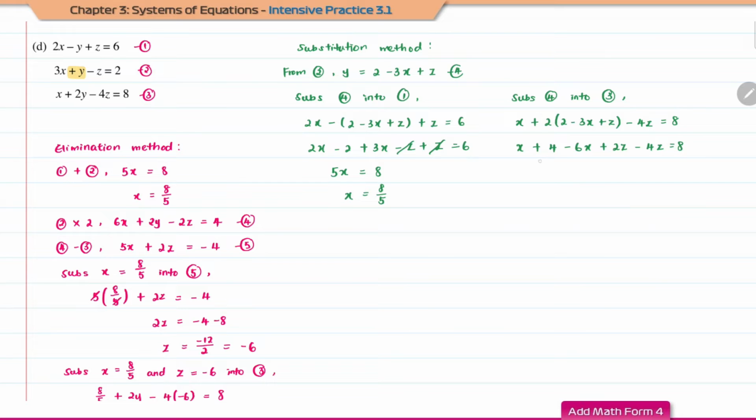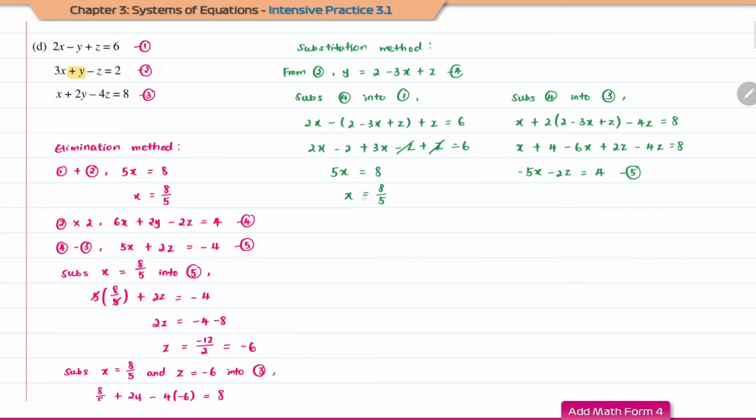Then solve for the like term. X minus 6x, it will give you negative 5x. And then positive 2z minus this 4z is a negative 2z. Then move this positive 4 to the other side. 8 minus 4 is 4. So I'm going to label this as my equations number 5.